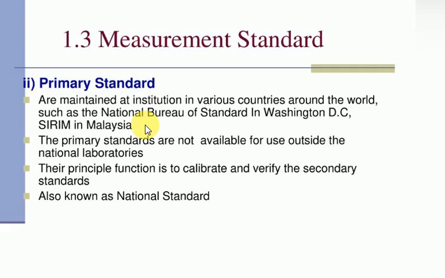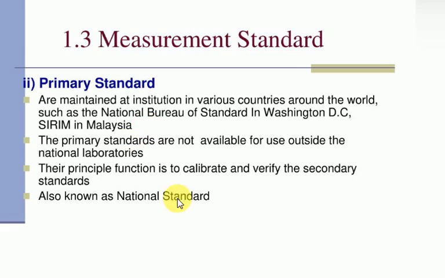They are highly accurate and can be used as ultimate reference standards. These standards are maintained by the National Bureau of Standards in different parts of the world, and the main function of a primary standard is the verification and calibration of secondary standards.